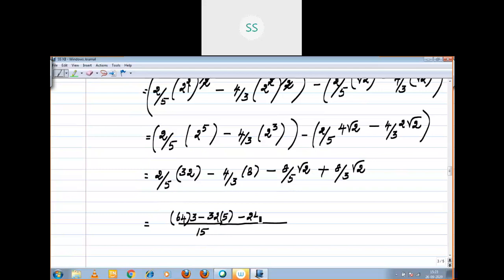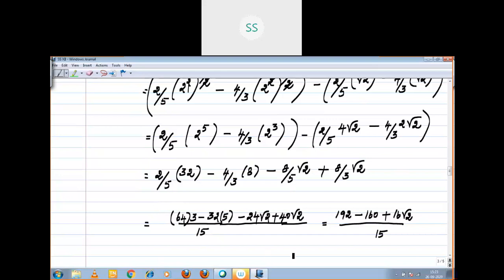So 24 root 2, plus here 5 times, 40 root 2. Got it, children? 15 is our LCM. Now 192 minus 160, here plus 40 minus 24, 16. 16 root 2 divided by 15.